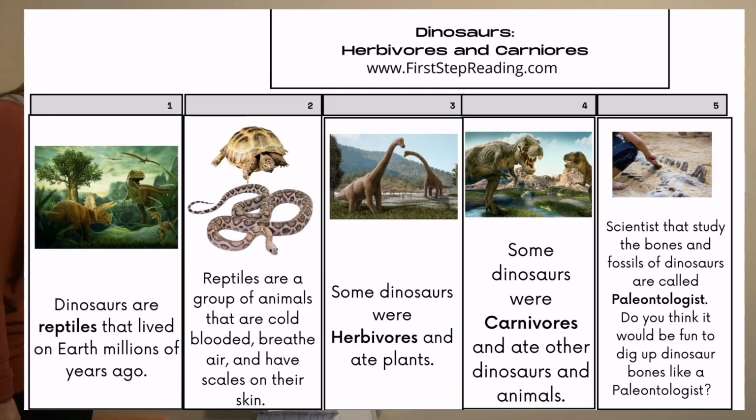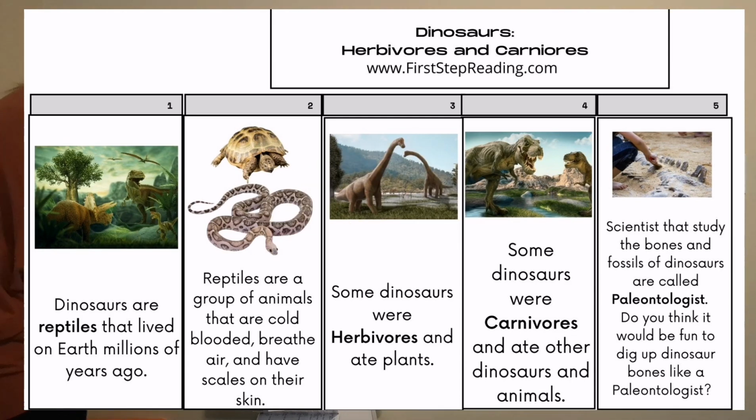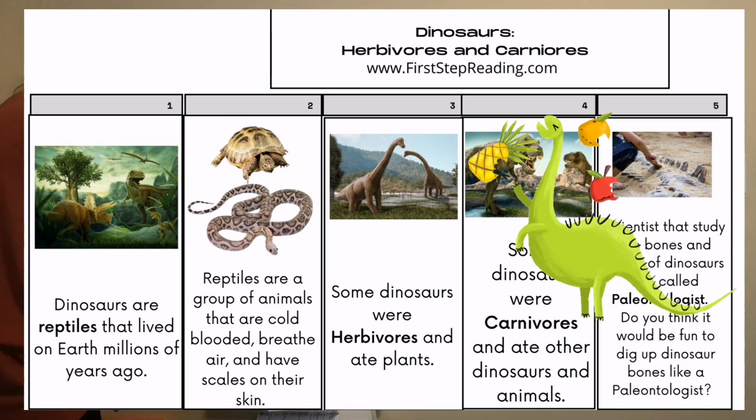Dinosaurs are reptiles that lived on Earth millions of years ago. Reptiles are a group of animals that are cold-blooded, breathe air, and have scales on their skin. Some dinosaurs were herbivores and ate plants.